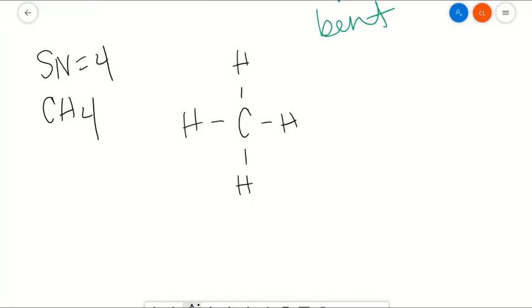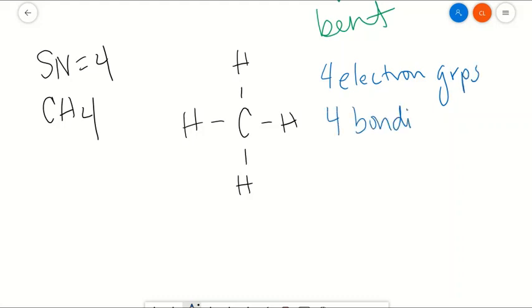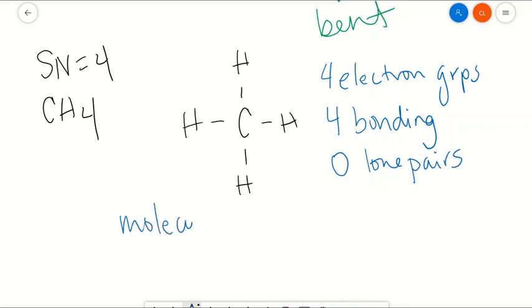So we have 4 electron groups, 4 are bonding, and 0 are lone pairs. So the molecular shape or molecular geometry is tetrahedral.